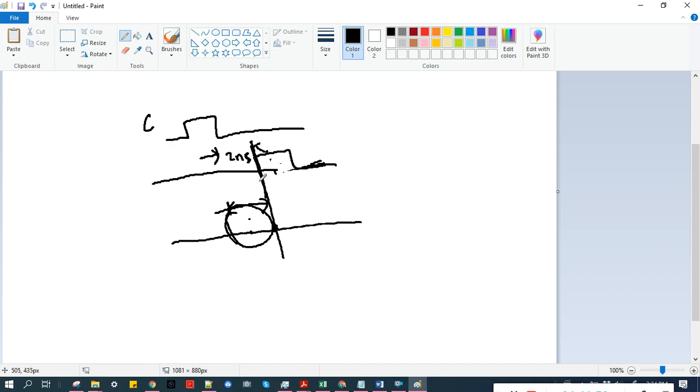We have to measure the right output from this time going.